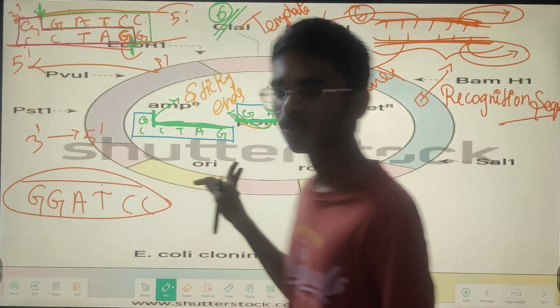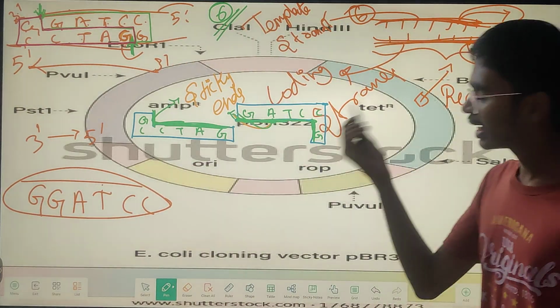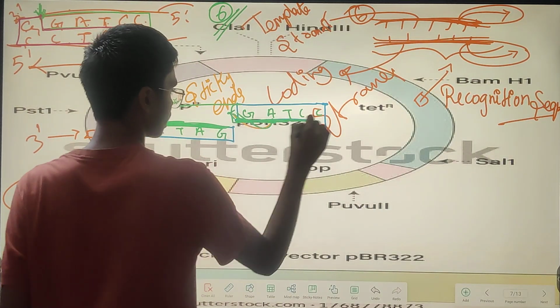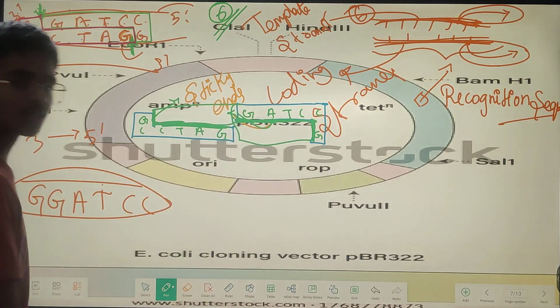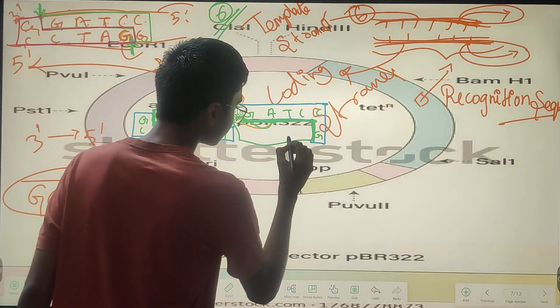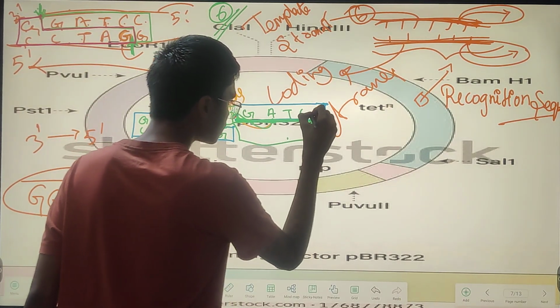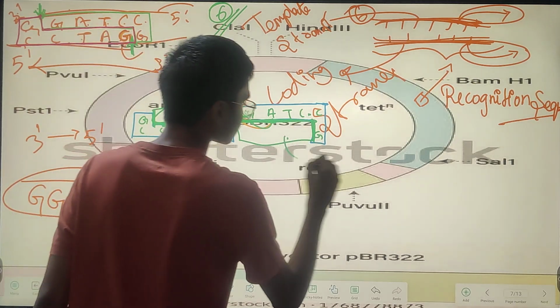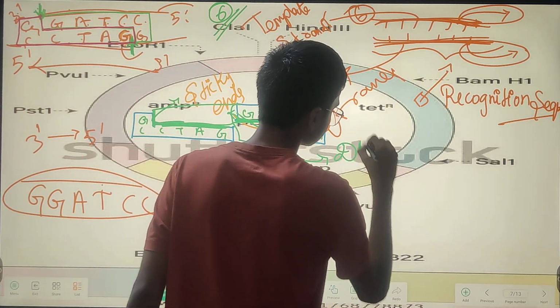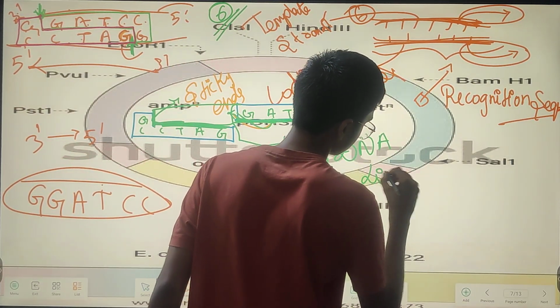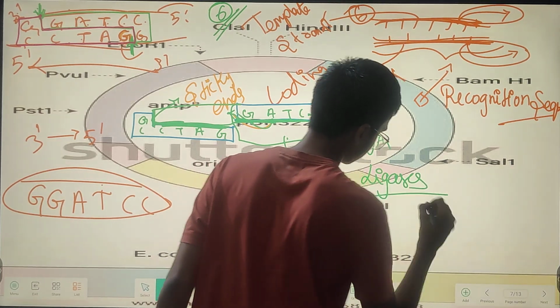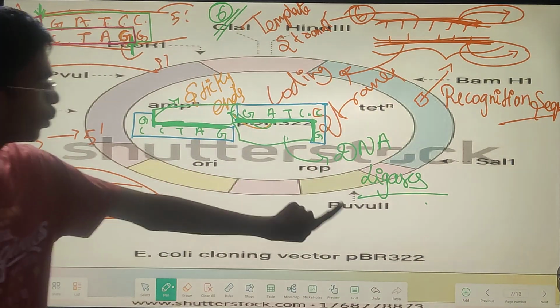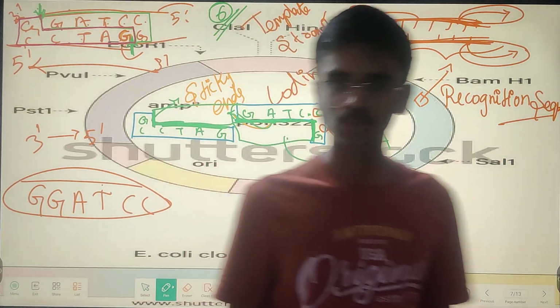Here you will not just overlap like that; you will use the desirable gene, and it will be filled in over here. To stick this desirable gene together with the DNA of your plasmid, you will be using DNA ligases, which are used to stick this one and then this one.